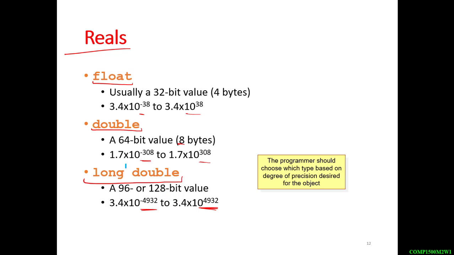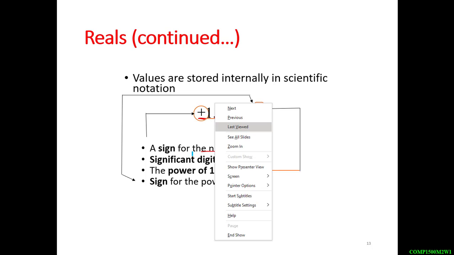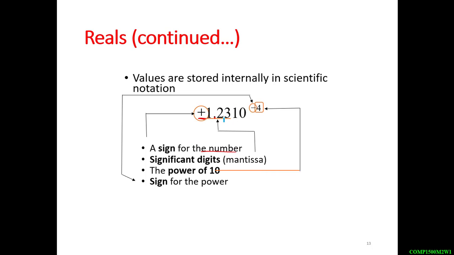So when we are explaining the real values, we need to know how to write them down. So first of all, this is the sign of the number. Okay, this is the sign of the number. This is the decimal point, and the decimal point with the fractions is called the mantissa, and these are also called the significant digits.